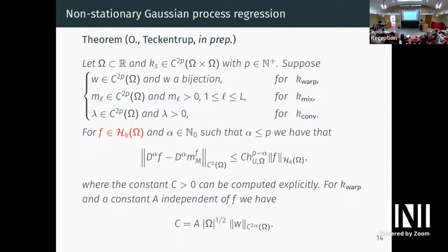So yeah, there's a lot there, but basically the point is that the rates you get depend on both the number of derivatives, or the smoothness, of your stationary kernel and the smoothness of this non-stationary function. So the smoothness of W, which represents your variance and changes the marginal variance rate, and the number which represents your next step.